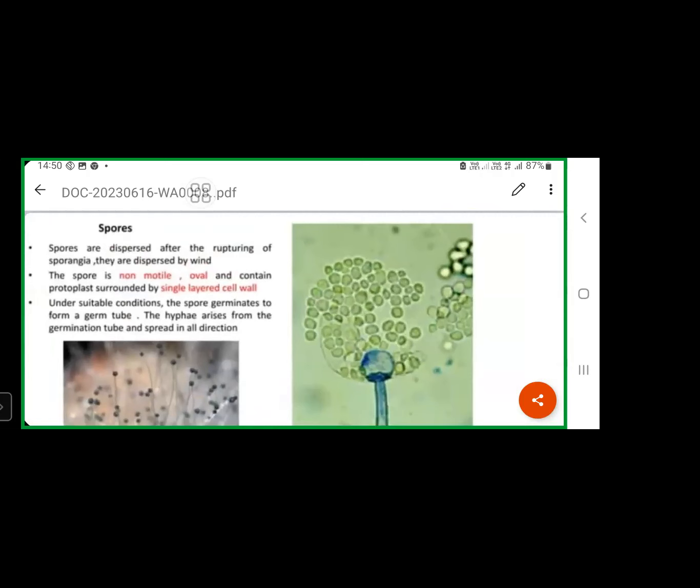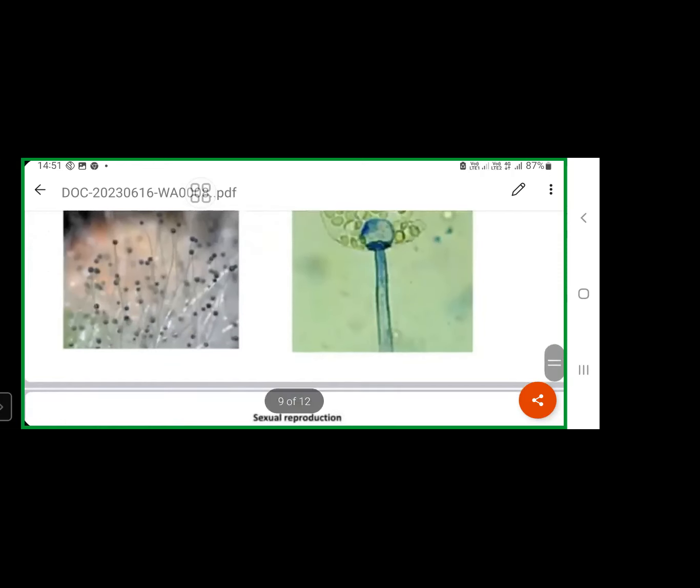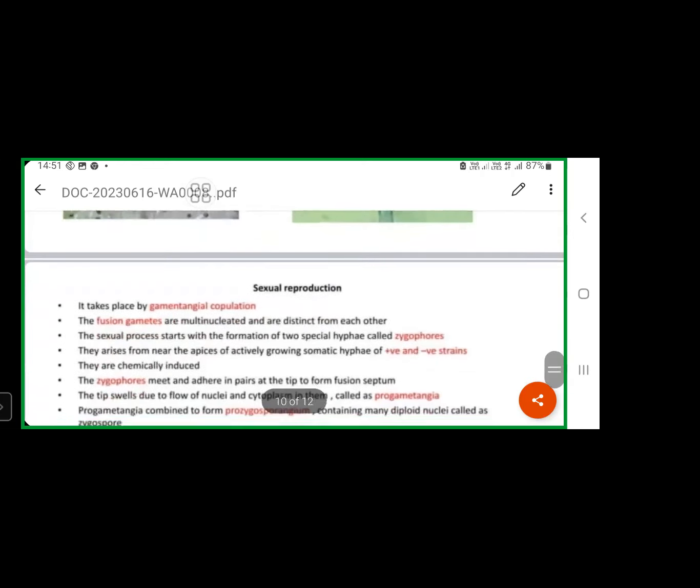Whenever conditions are favorable and they fall on the substratum, they start germination and first produce one germ tube. Later, these develop into mycelium. Like this, Mucor reproduces asexually by the formation of spores. This is about asexual reproduction.